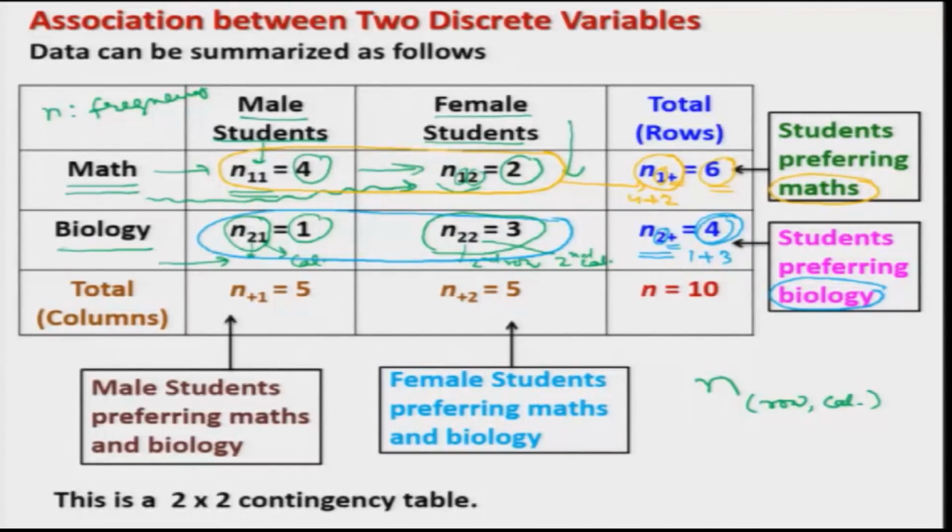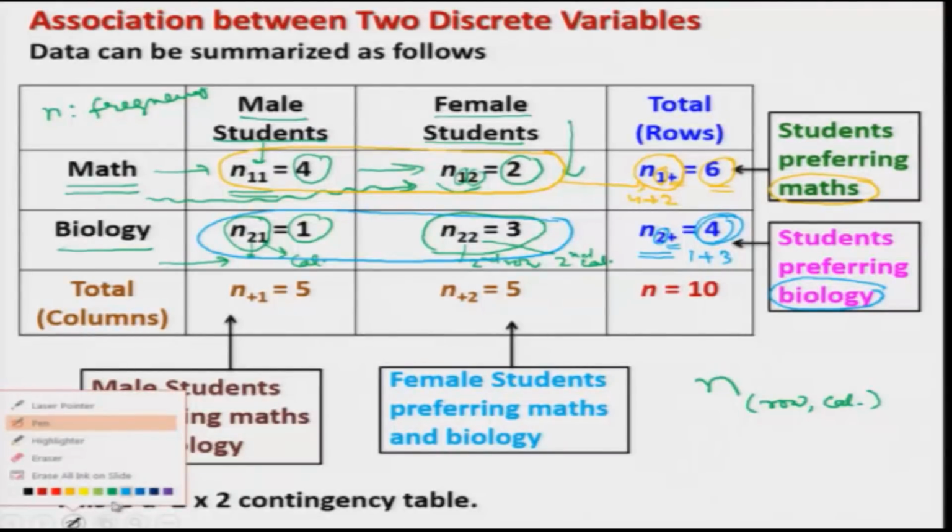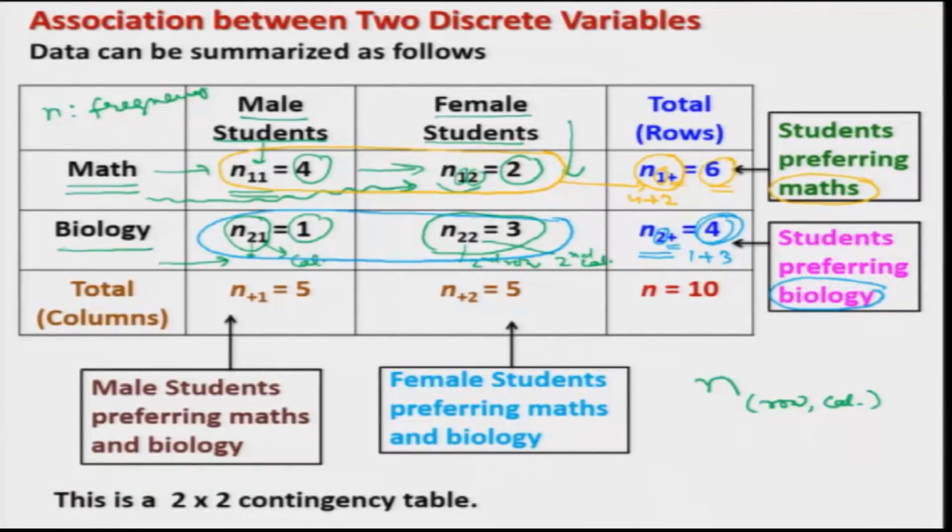Now, the same exercise can be done in columns. So, when I try to add the numbers in the columns here like this, then this comes here 4 plus 1, and using the same philosophy of the symbols, I am denoting this sum as n plus 1. Plus is coming as a subscript.